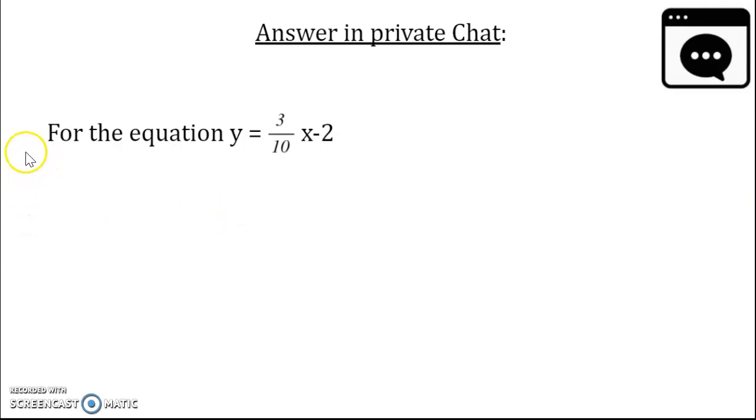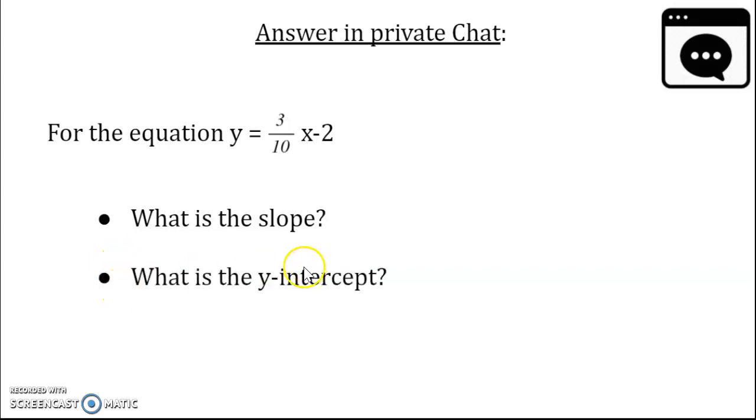What about this one? For the equation y is equal to 3 over 10x minus 2, what is the slope, or the growth, and what is the y-intercept? The y-intercept is the same as the starting value. You need to look at which number is in front of x.